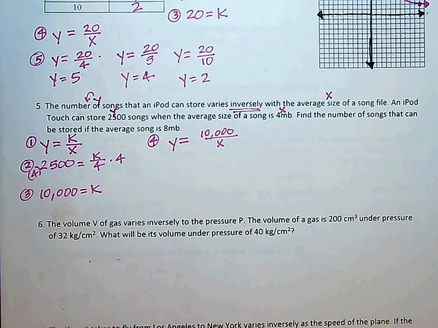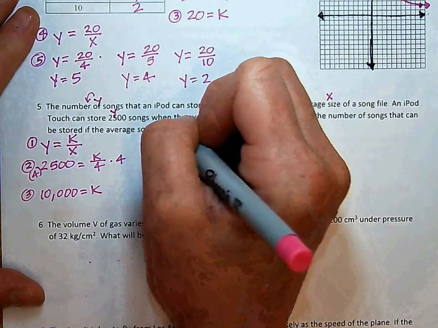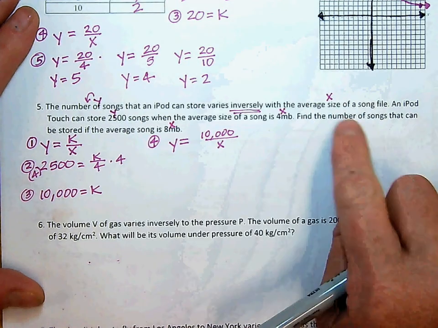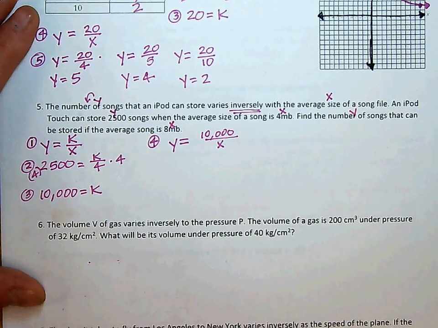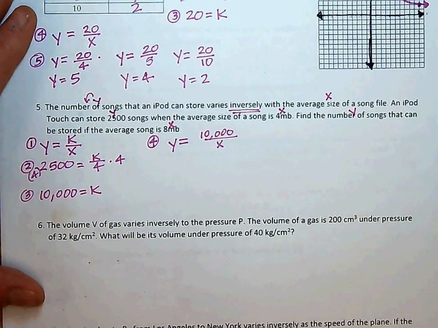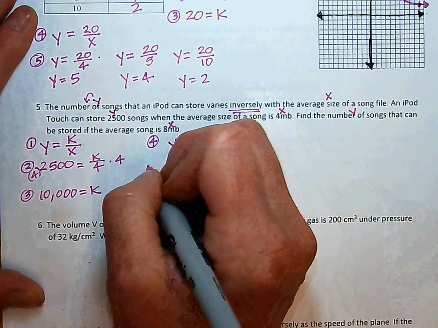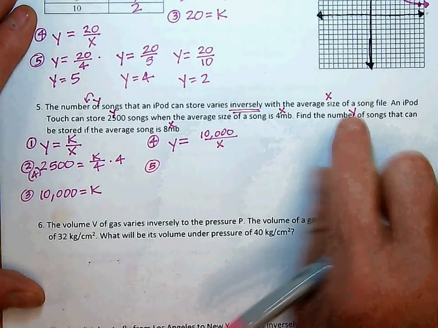So what is that, the 8 megabytes? That's our X. Our unknown is the number of songs, so I'm going to put a Y there because we don't know it. We have to find it. So in step 5, we don't know Y.